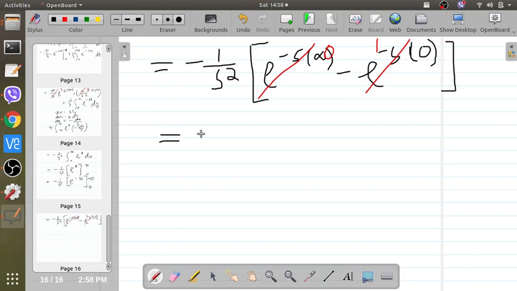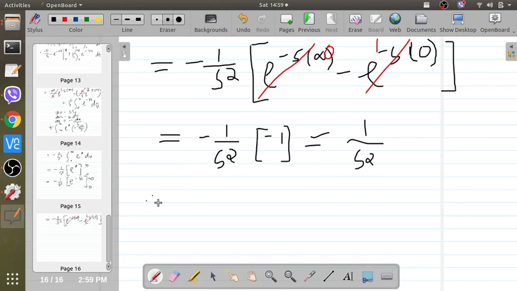So therefore, negative 1 over s squared multiplied by negative 1 is equal to 1 over s squared.